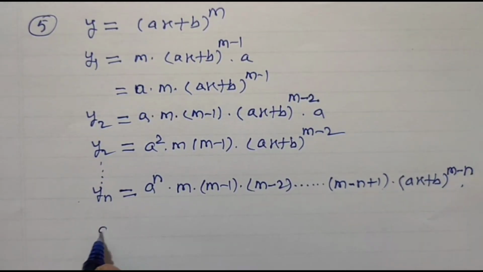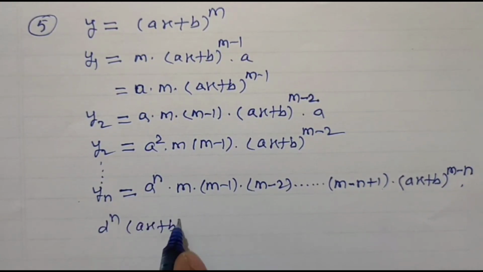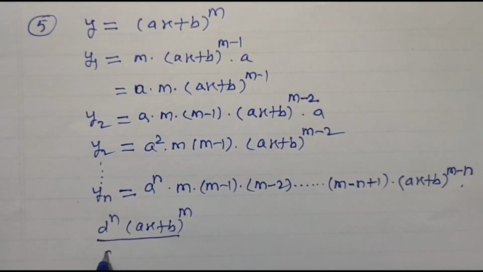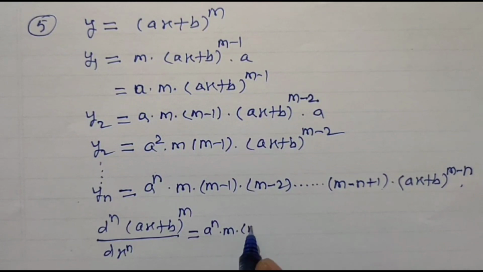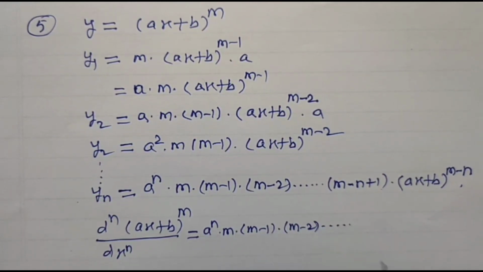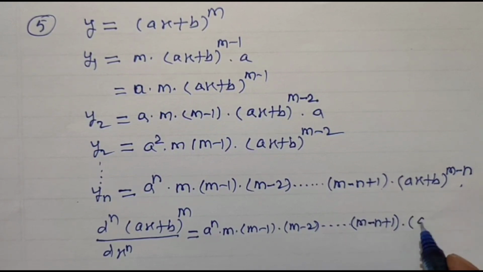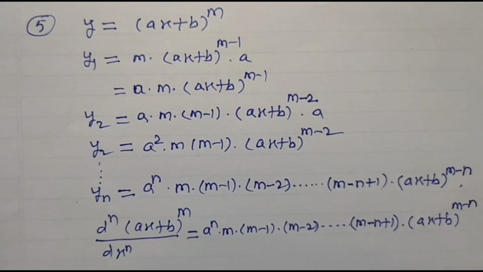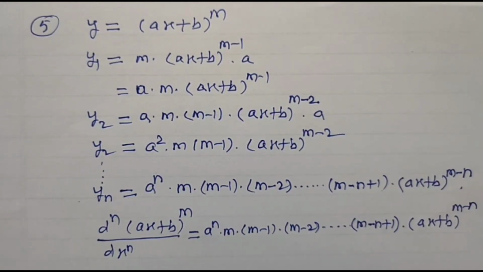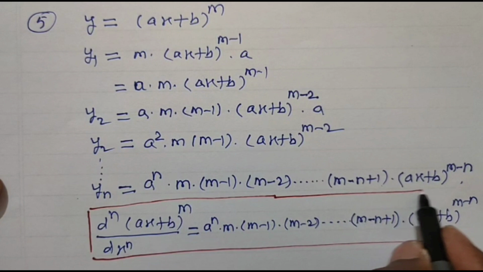So the nth derivative of (ax + b) to the power m with respect to x to the power n is equal to a to the power n into m into (m minus 1) into (m minus 2), the multiplication of factors up to (m minus n plus 1), into (ax + b) to the power m minus n. This is the formula for the nth derivative of an algebraic function.